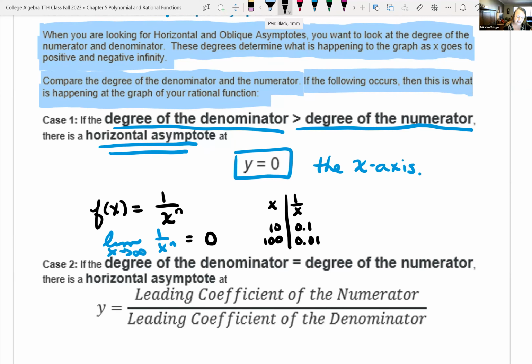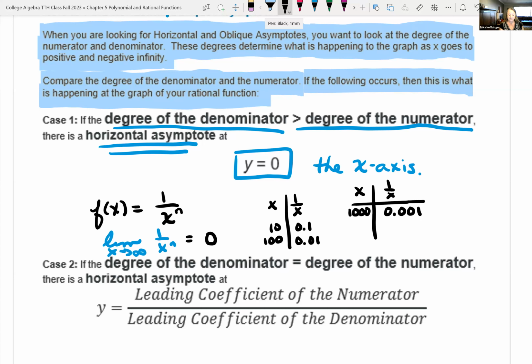If I put in 1,000 for x, 1 over 1,000 is 0.001, and that's even closer to 0.